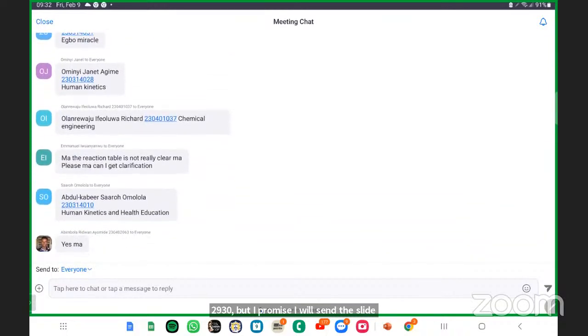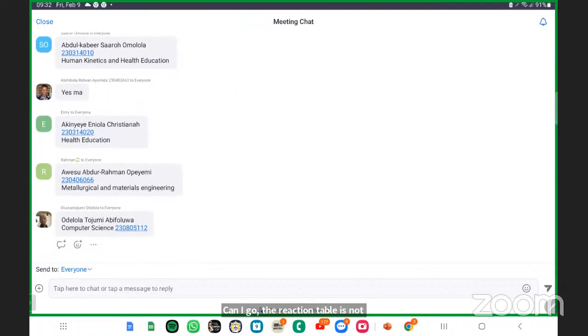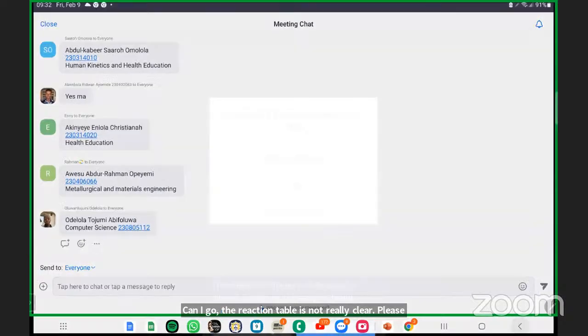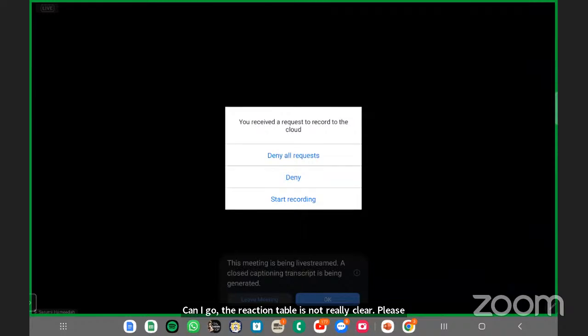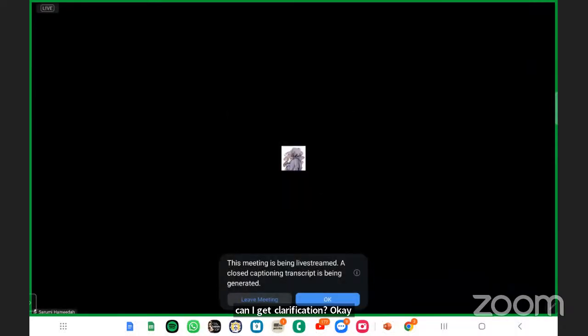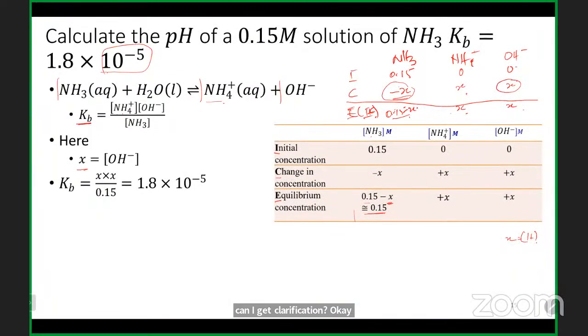A student asks: the reaction table is not really clear, can I get clarification? Okay, I just explained it again now. I hope you get it.